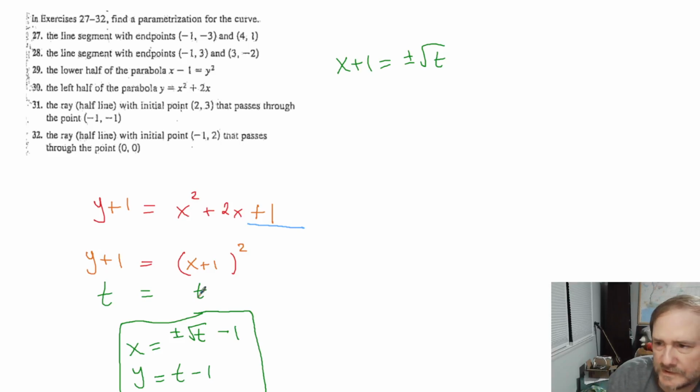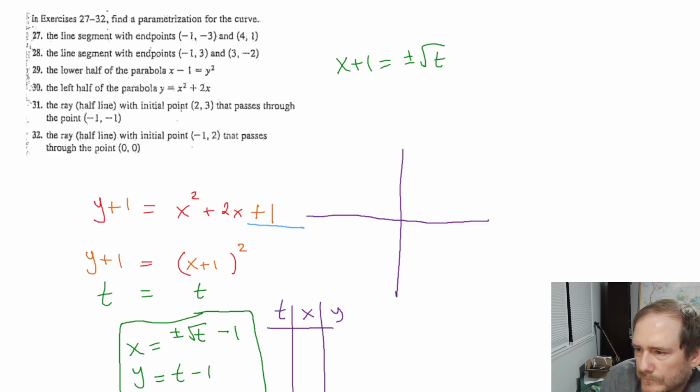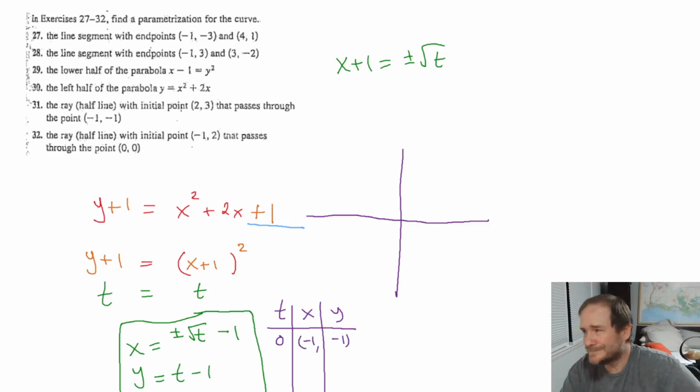Alright, so what would this thing look like? Just plot some points, let t be 0, and you get 0 minus 1, so negative 1. Hold on.